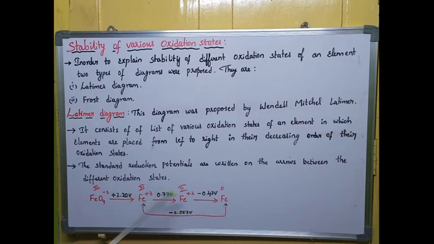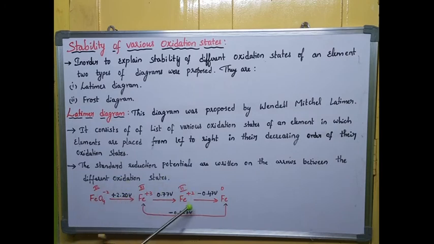Left to right decreasing order means the left element will have a higher oxidation state when compared to the next element. You can see the +4 oxidation state here, then +3, next +2, and it continues up to 0. Upon these arrows, standard reduction potentials are written.